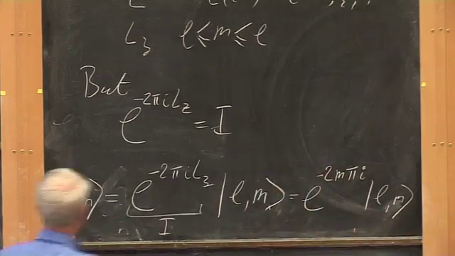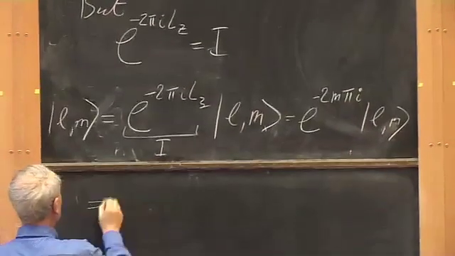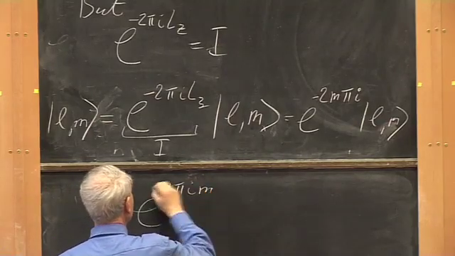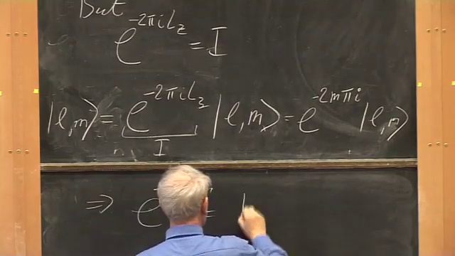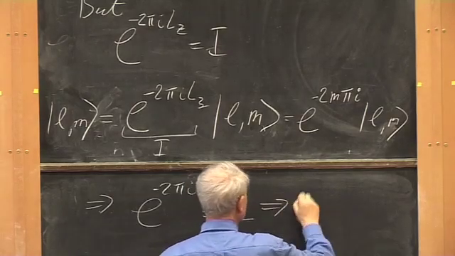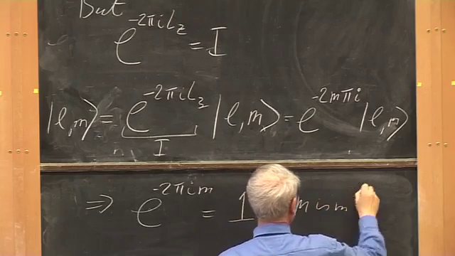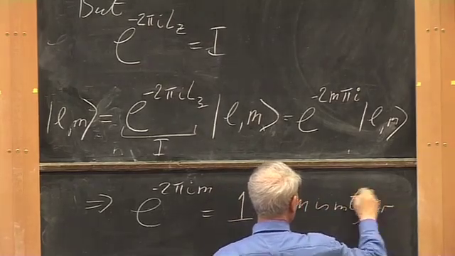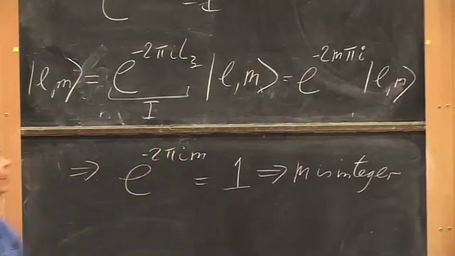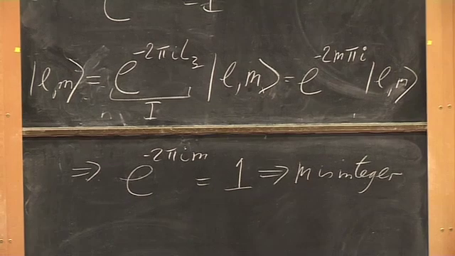Comparing this side with this side, we have that e to the 2 pi i m is equal to the number 1. And that implies that m is an integer. Because if it were a half integer, this would be e to a certain number of i pi's, which would be minus 1. But we've shown it cannot be minus 1, so it's an integer.